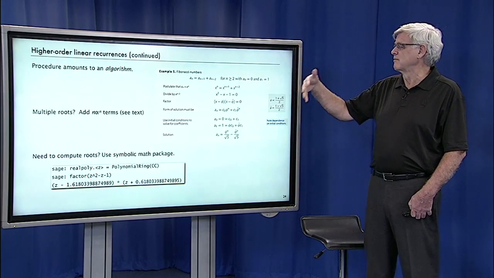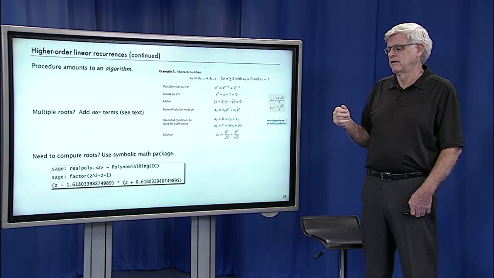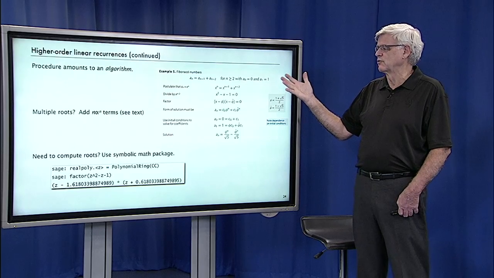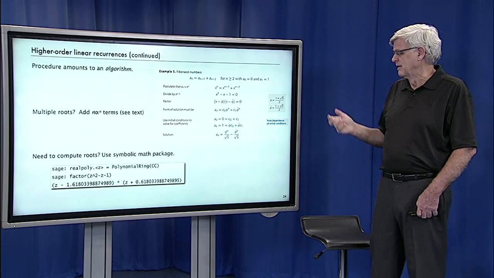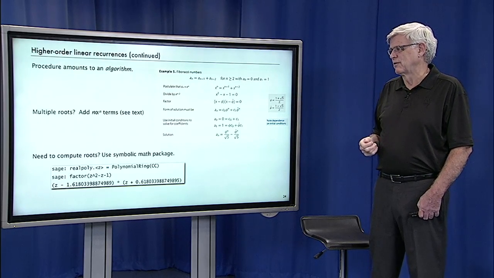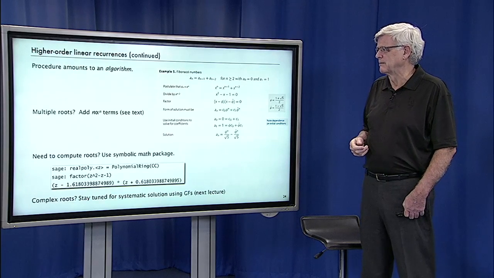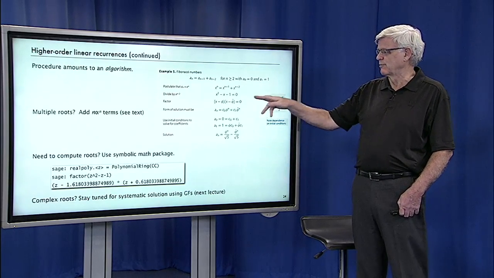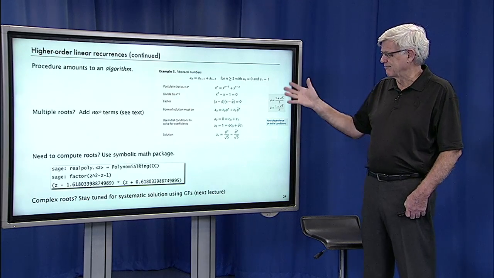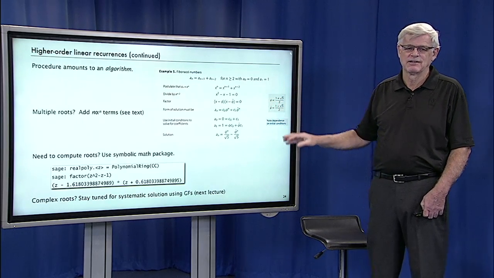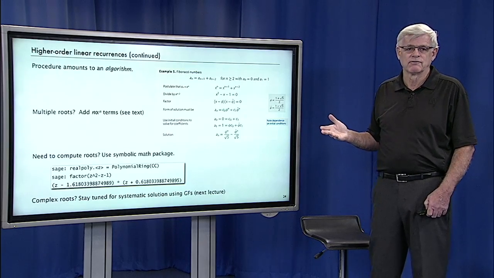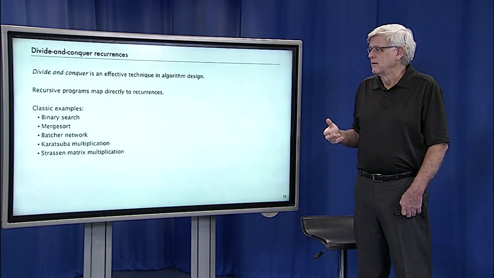So we have an algorithm for solving higher order recurrences with constant coefficients. We'll develop this more fully later on. The other point that I didn't mention is the roots might be complex. And again, rather than go through it in this context, we'll see what happens when we talk about it in the context of generating functions.